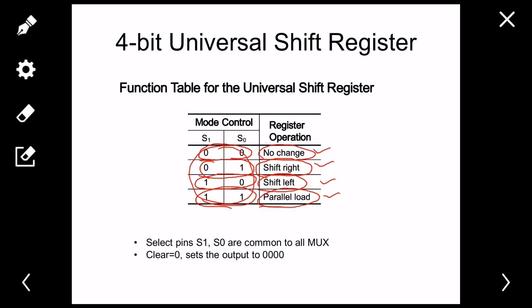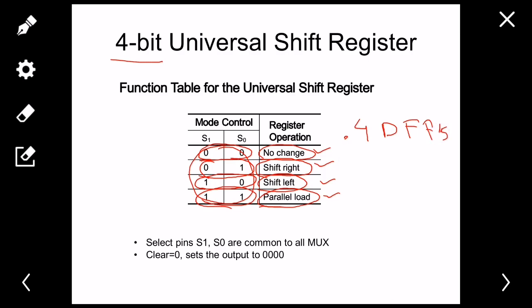For a 4-bit universal shift register, as it is 4-bit, you'll be needing 4 D flip-flops, number one.